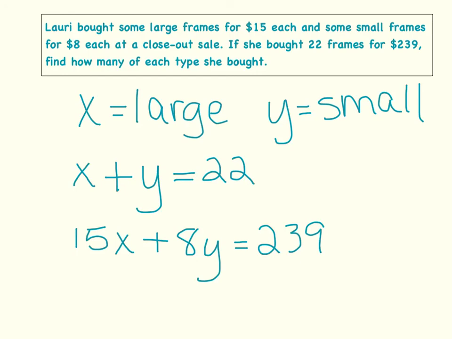Now in this type of word problem, whenever they ask for something with a dollar amount, you've got to make sure that you don't confuse. Remember, this 15 represents $15. So you would never want to put the 15 in the equation that just wants to know how many were purchased. Never put a dollar amount in something that's just asking for a quantity.